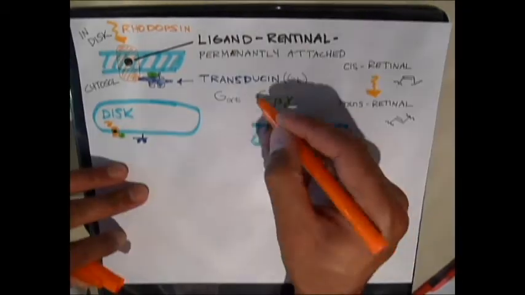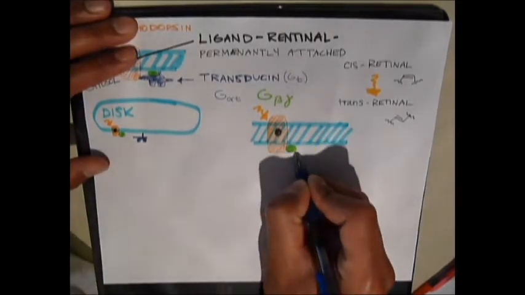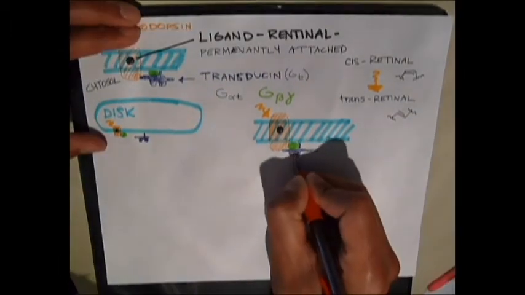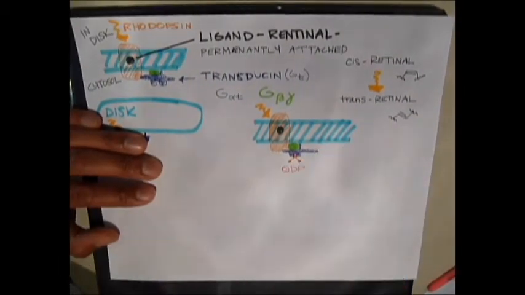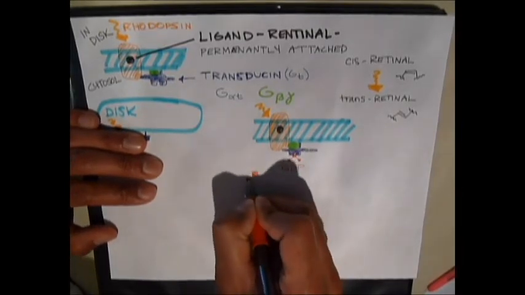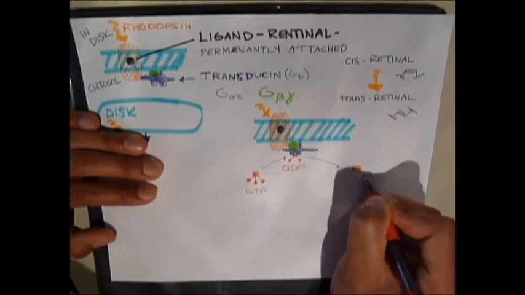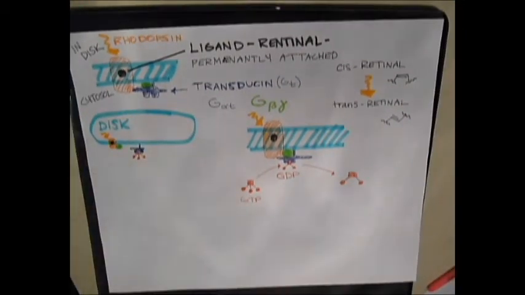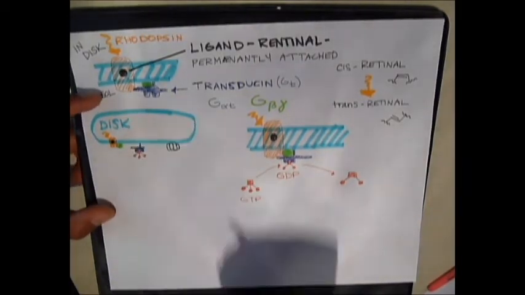You have rhodopsin again, the photon, the ligand. As I was saying, the G protein, transducin, and then you have GDP. So when a photon of light hits it and activates retinal, GDP is actually replaced with GTP, and it's going to cause the separation of transducin.